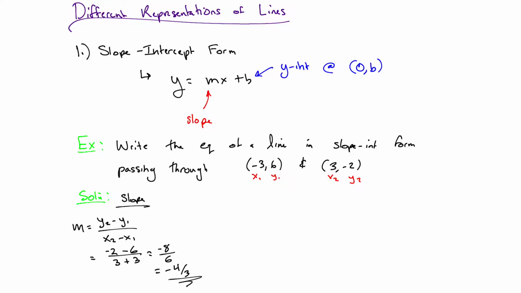Now, how do I find the y-intercept? We know our line is of the form y equals negative 4/3 x plus b, right?